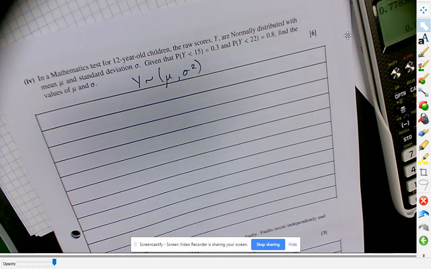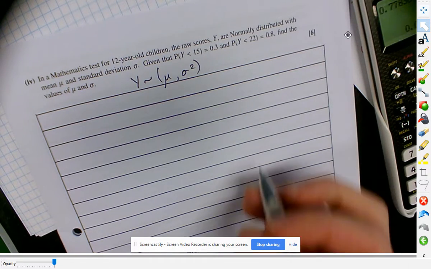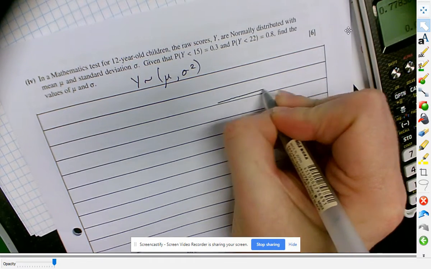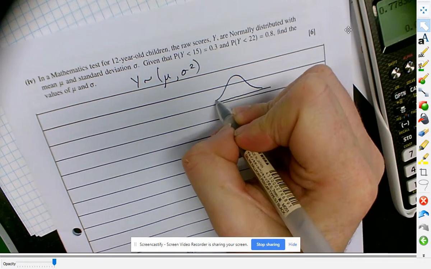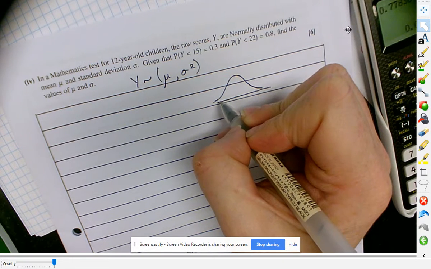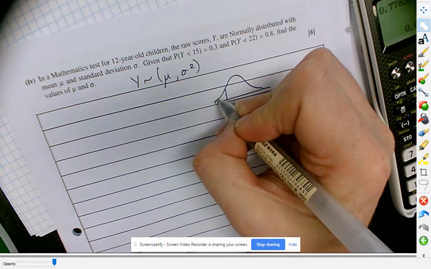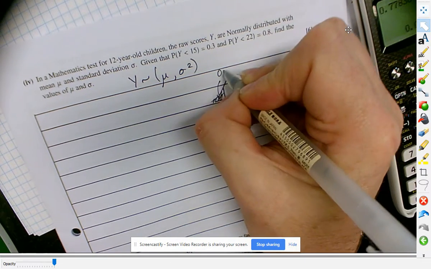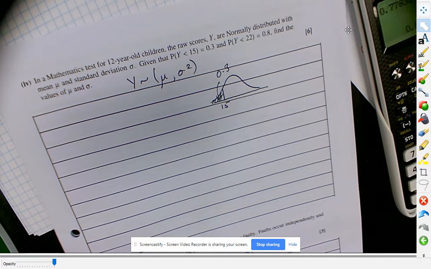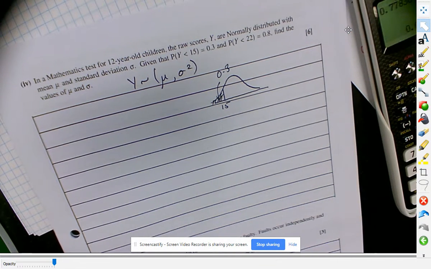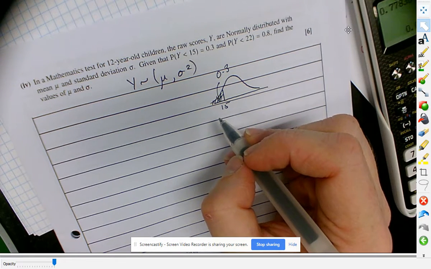Okay, so we've got this area here being 0.3, and on my curve it's equal to 15. Then we think about it on the standard normal curve.